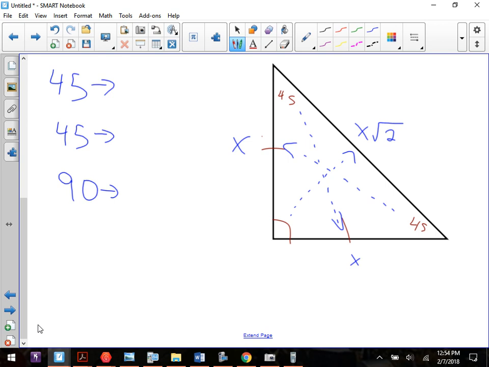Okay? Because I know that every single time I have this type of triangle, what I would call a 45, 45, 90 triangle, when I'm at a 45-degree angle, I am always looking at some value of x. Therefore, when I'm at the other 45-degree angle, I'm also looking at some value of x, which then means that if I'm across from the 90, I'm looking at some value of x times the square root of 2.